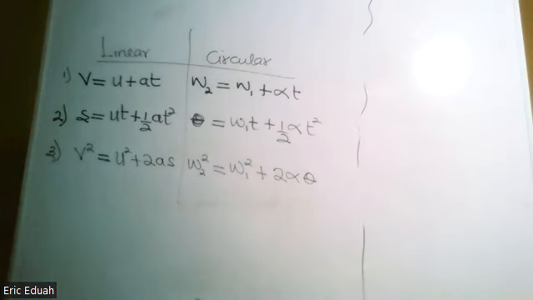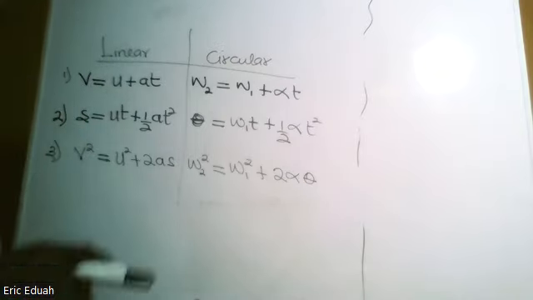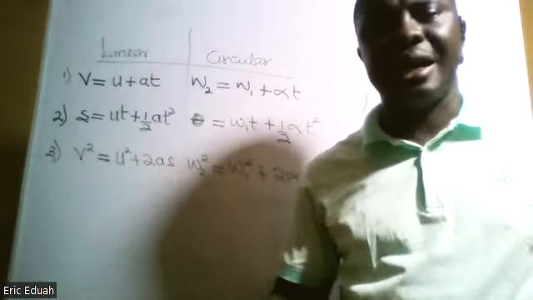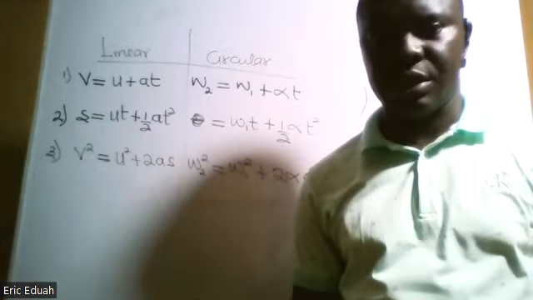Thank you. So that's one aspect of the similarity between linear and circular motion. And those terminologies, the motion starts from rest, the motion comes to rest, equally apply when it comes to circular motion.